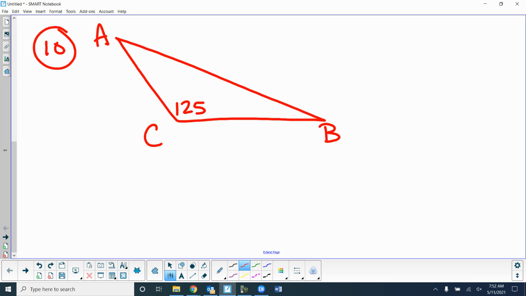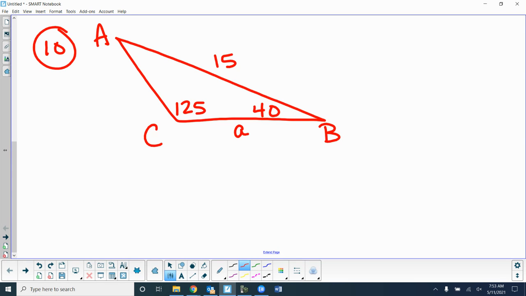So angle B is 40. Side C, opposite angle C, would be 15. So this one you got to put it in the right spot. Okay? And it says use law of sines to solve the triangle for this value of side A, which would be this side.